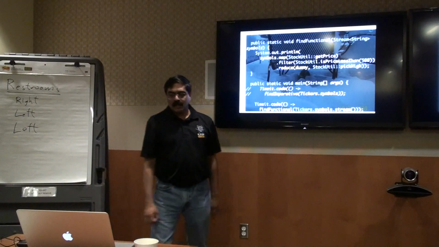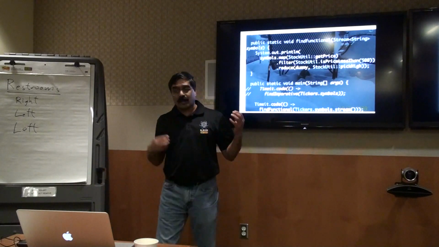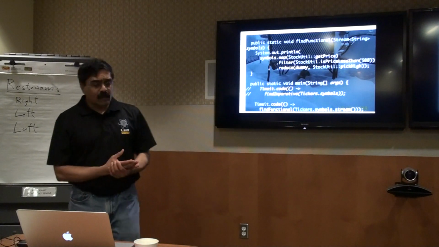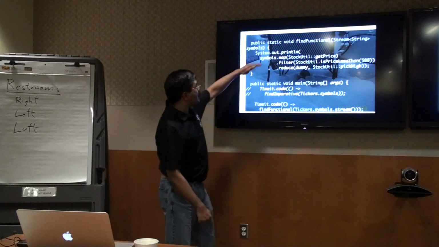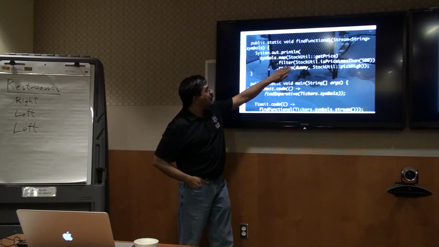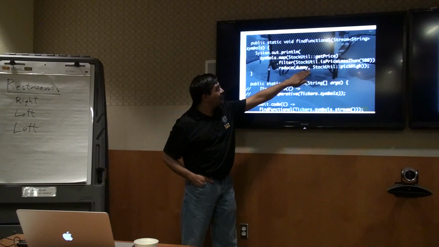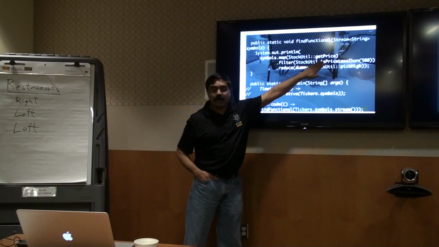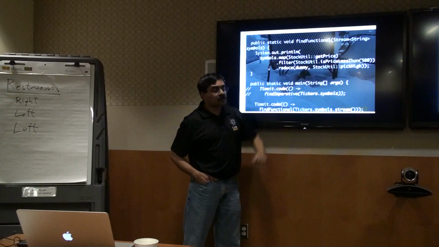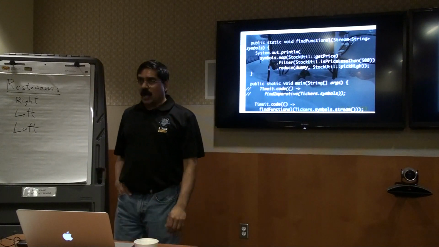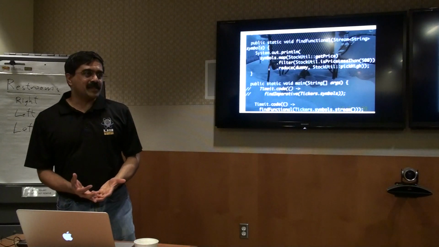Let's run this. This is functional style, declarative in nature. So given all the ticker symbols, go get all the prices, check if they are less than 500, and among those, pick me the highest price, right? So, lot less code, isn't it?